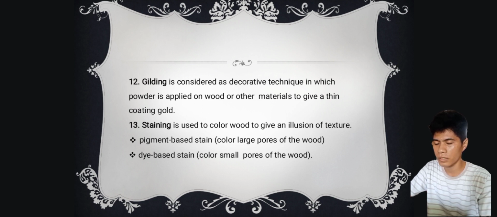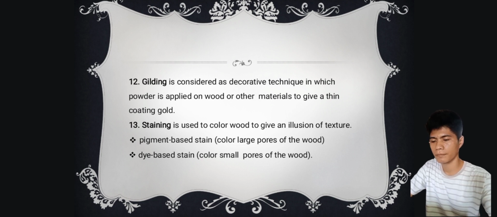For example, a silver layer covered with a yellow varnish. The basic technique should be explained first in order to get to the heart of the problem. Gilding technique is used to color wood to give an illusion of textures.